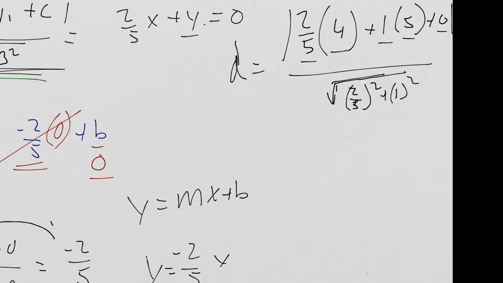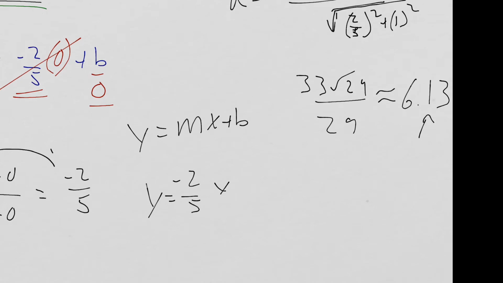When I do that by hand, I get 33 square roots of 29 over 29. If I use my calculator, this turns out to be about 6.13. So I'm going to store this value in my calculator. Hopefully remember how to do that.